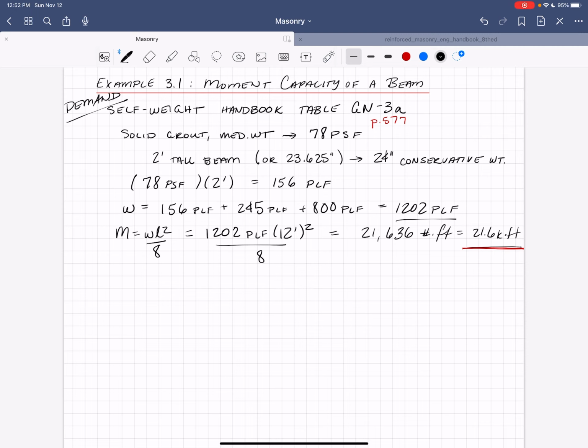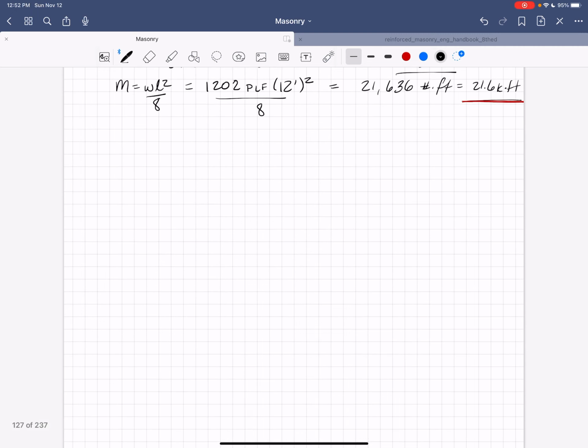Right, now we need to look at capacity. We know that the moment capacity is the minimum of M sub m or M sub s.